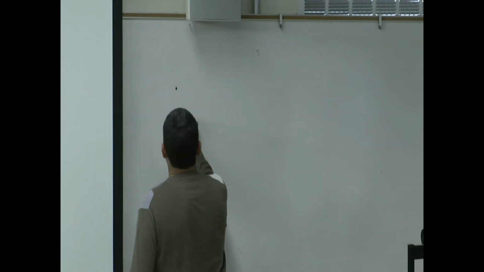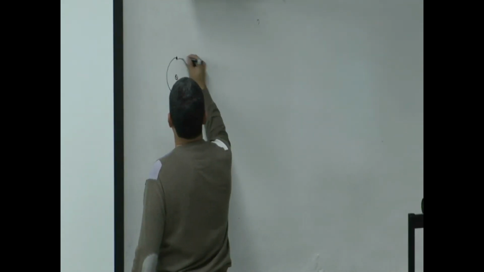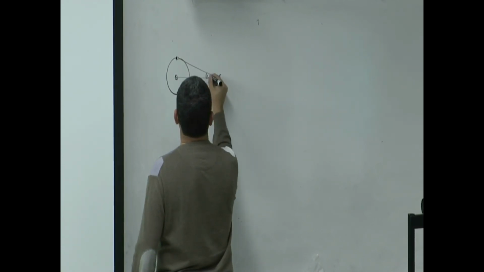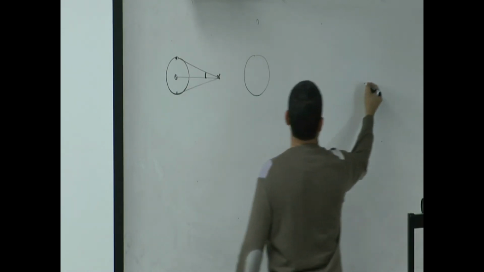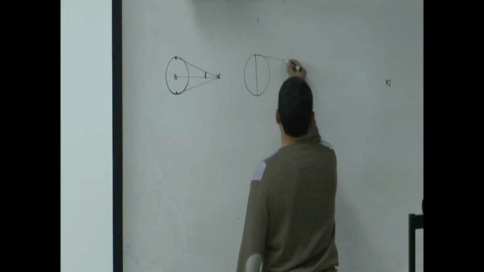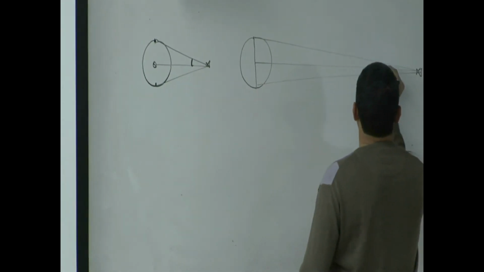So imagine this is the Earth going around the sun. If the star is here, this angle is going to be larger. If the Earth is going around the sun, if a star is here, this angle is going to be smaller.